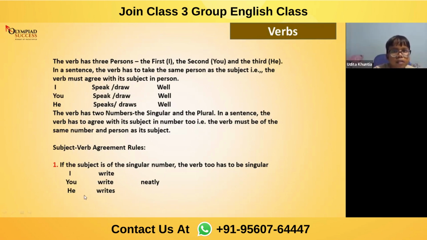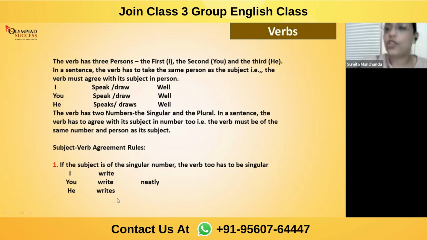The second rule is, if the subject is plural, the verb has to be plural. Okay, ma'am. Now for the first rule, which I had given to you all, please write the example after that.